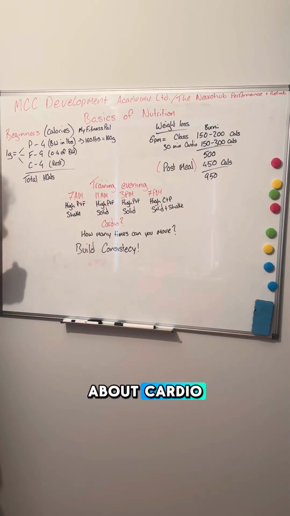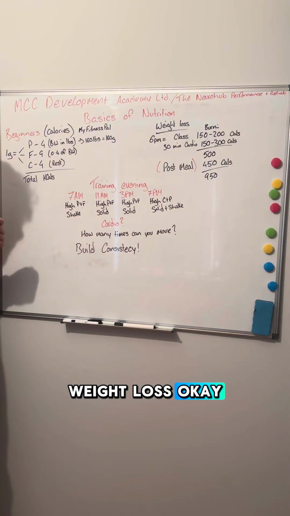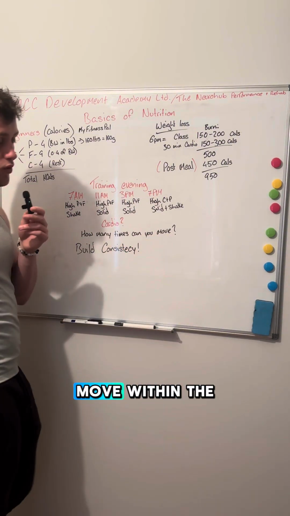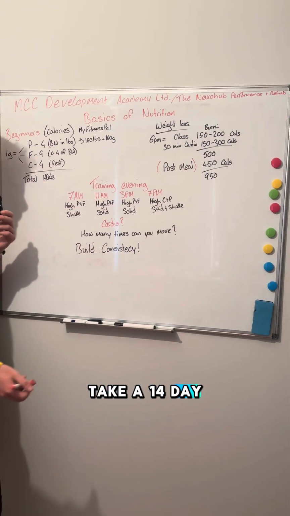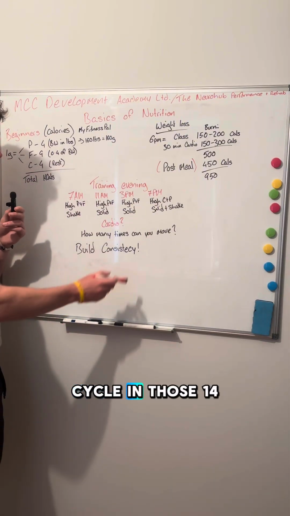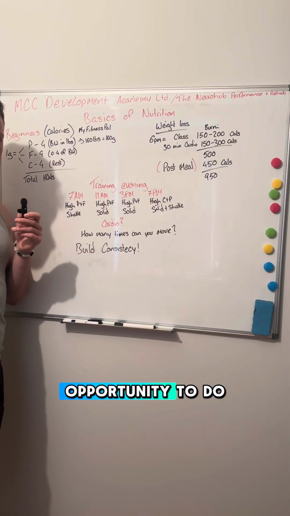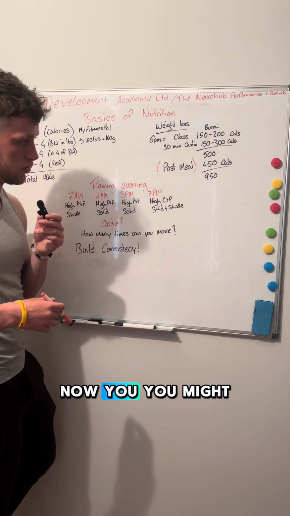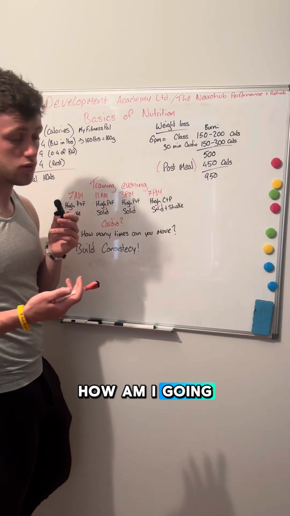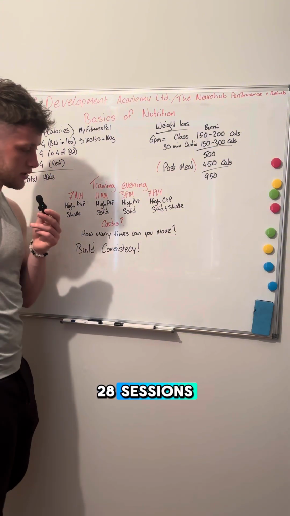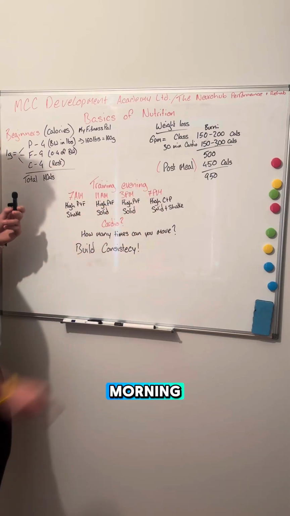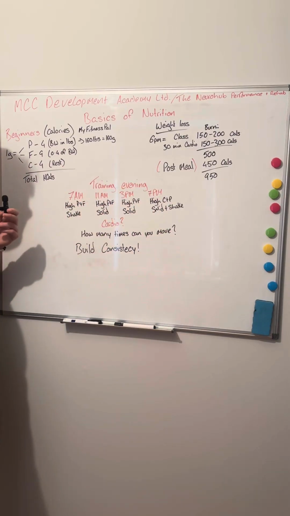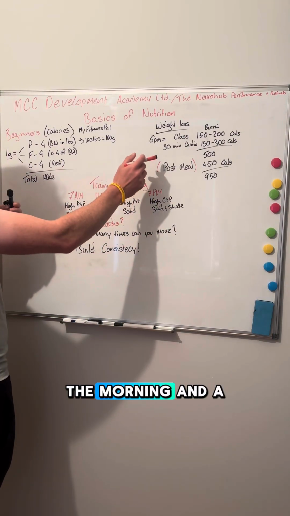If you're asking about cardio, especially with weight loss, okay, how many times can you move within the next 7 to 14 days? Okay, so if we take a 14-day cycle, in those 14 days, that's your opportunity to do 28 sessions. Now, you might be saying, how am I going to get the time to do 28 sessions? In those 28 sessions, it can be a class in the morning, it can be a walk in the evening, it could be a class in the morning and a class in the evening.